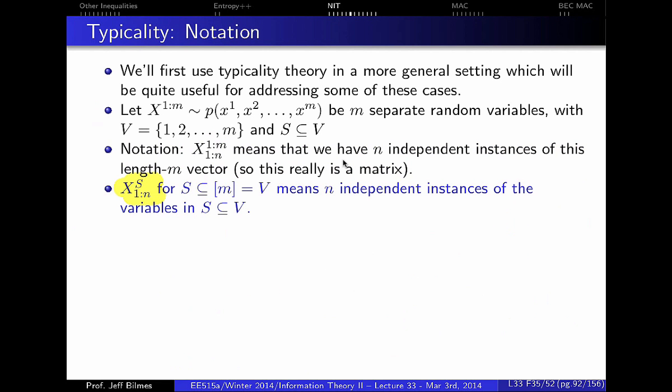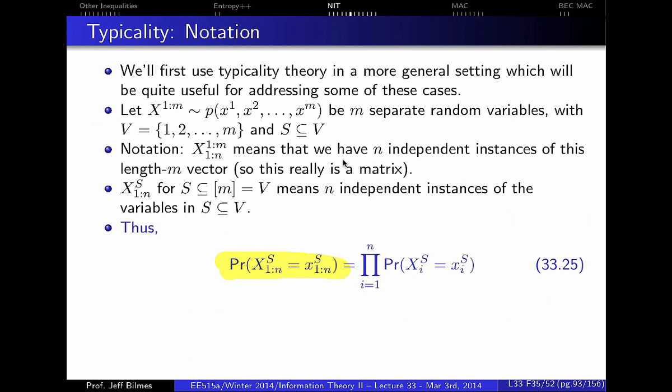One thing to note is that we're taking independent samples of these vectors. We're not saying that the m random variables are independent, but these samples are independent samples. So just like what we saw before, we're not saying that there's a time dependence. But we're talking about vector-valued random variables, for which there could be dependence. And therefore, when we say what's the probability of this set of random variables, we take the product over each time step.